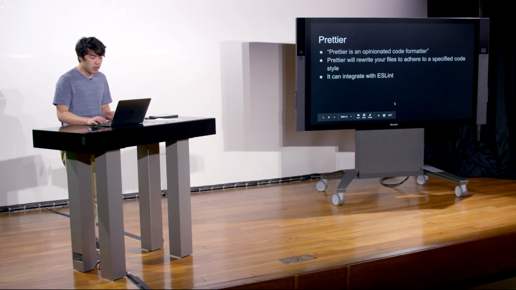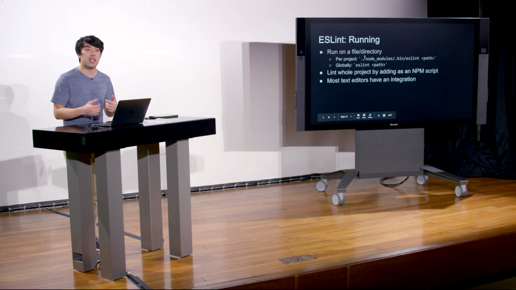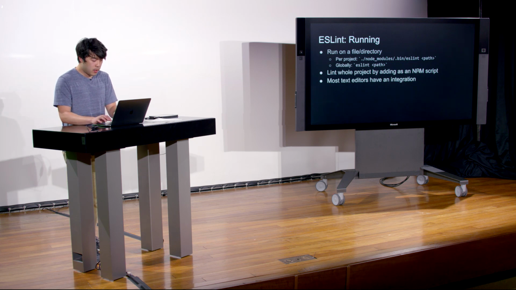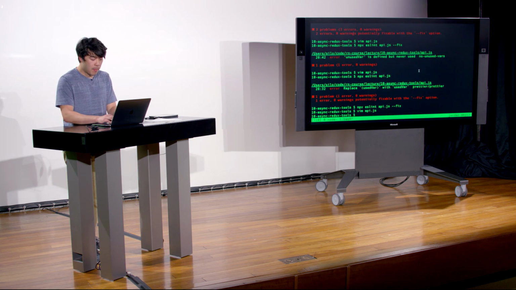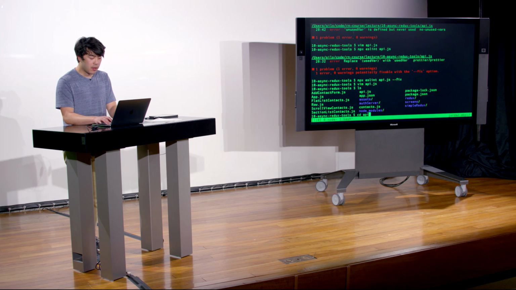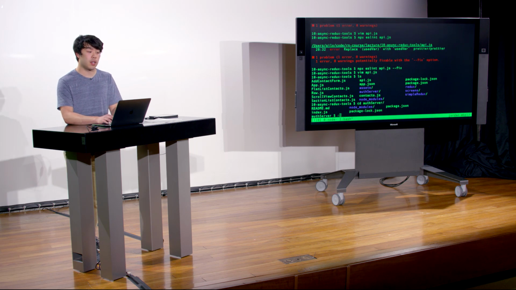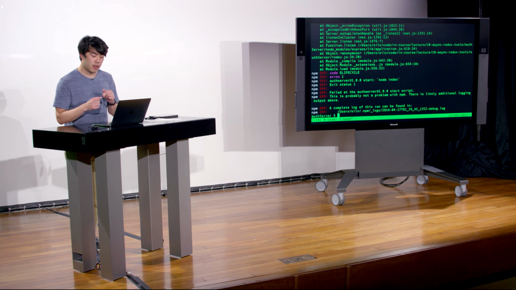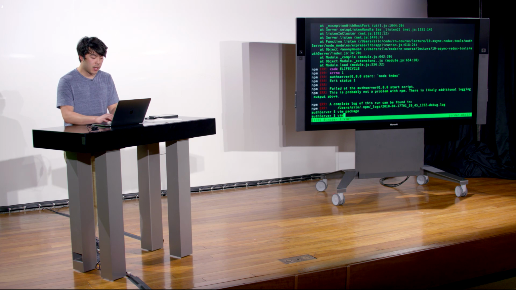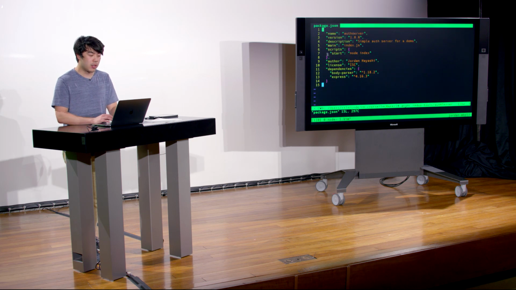So it turns out that we can run ESLint as an npm script. And so just like our auth server has a script that allows us to do this thing called npm start and start the server here, the reason that it works is because in our package.json, we have this thing called scripts.